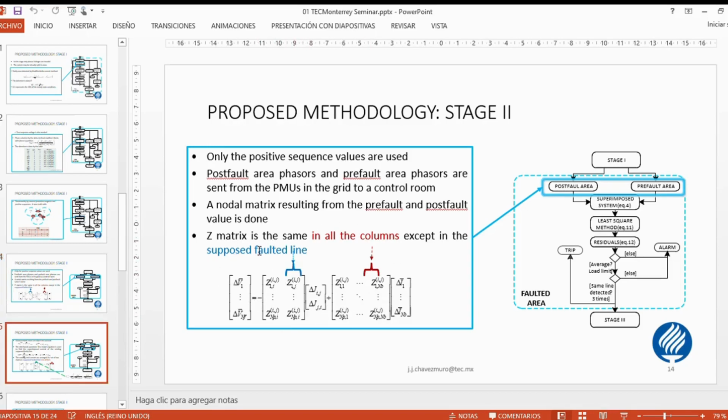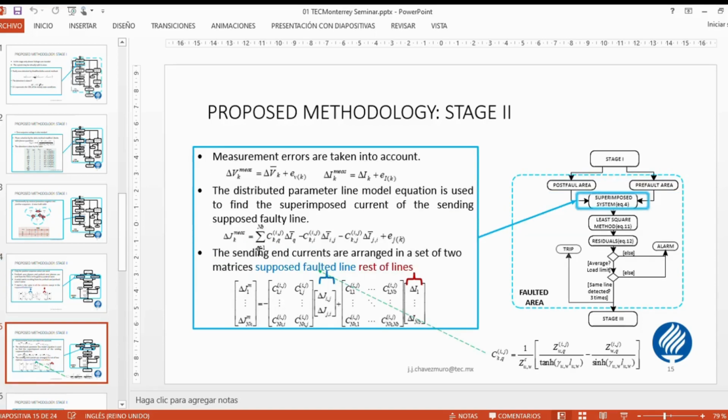So we use the impedance of the matrix and some of the current measurements on the system. We also introduce some possible errors in the measurements of the voltage and currents. And we also include in this matrix the superimposed currents of the sending and receiving line.